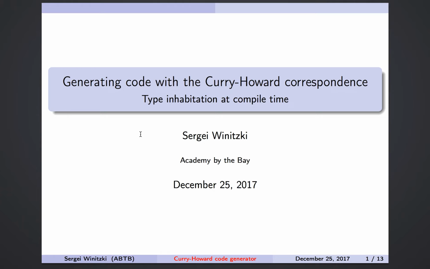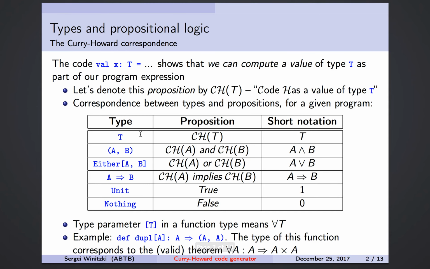I will describe my project that uses the Curry-Howard correspondence for practical applications in generating code at compile time in Scala. But first, a short introduction to the Curry-Howard correspondence.